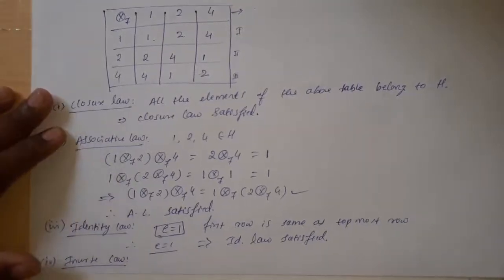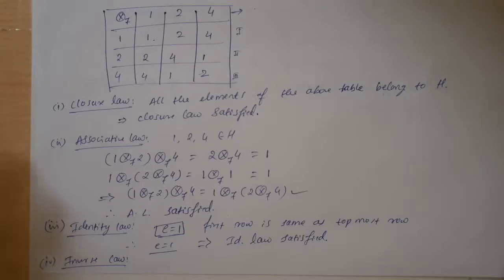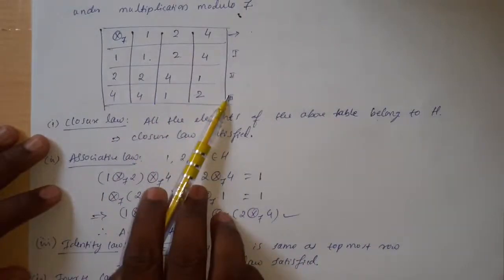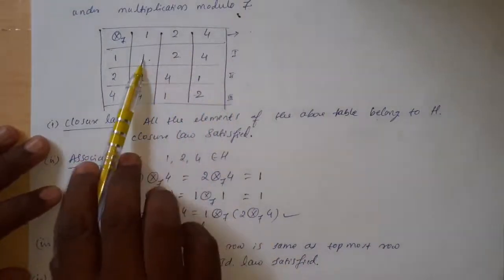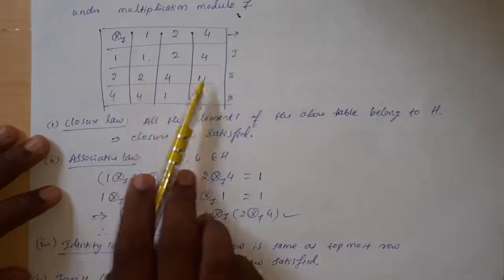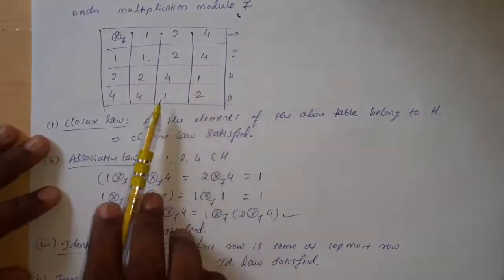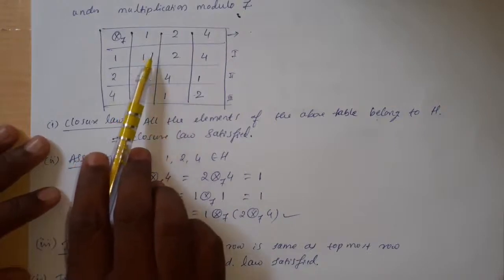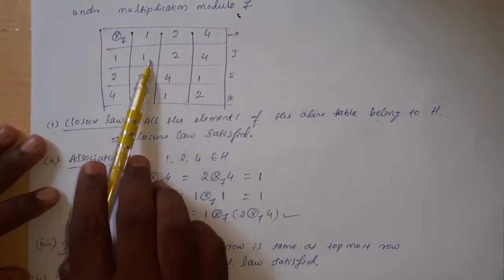To verify the inverse law, we need to check whether each and every element has an inverse or not. So here in each row we have the identity element. In the first row we have 1, and in the second row also we have 1, and third row also 1. Now first we need to focus on the location of the identity element.